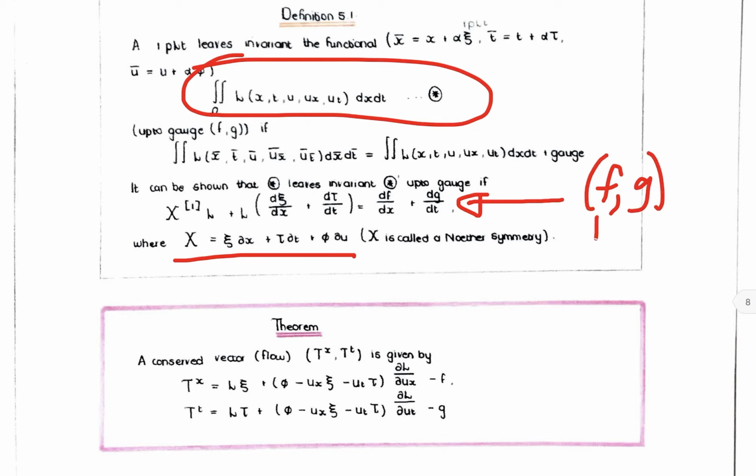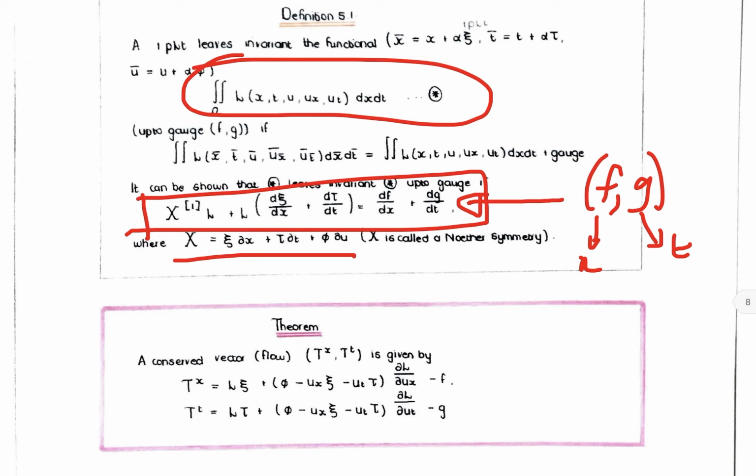We associated f with the x variable and g with the t variable, and hence this form there. So the Noether symmetries, the vector fields that leave invariant this action integral, satisfy that.